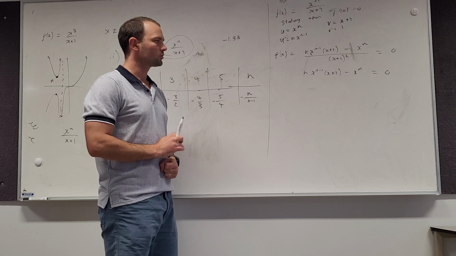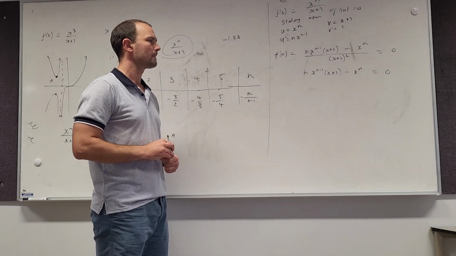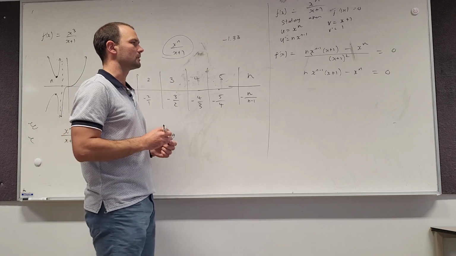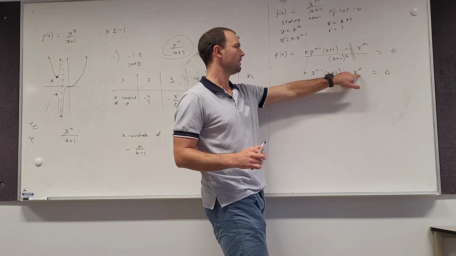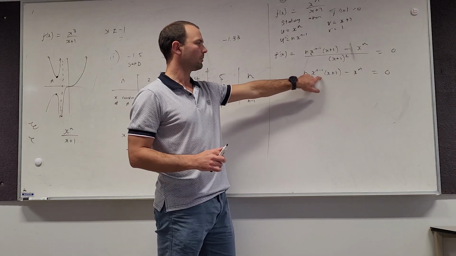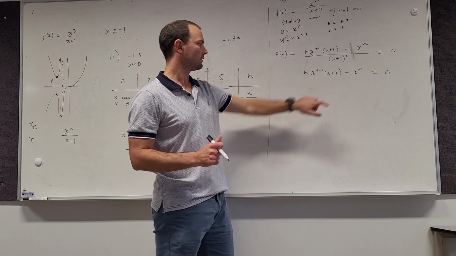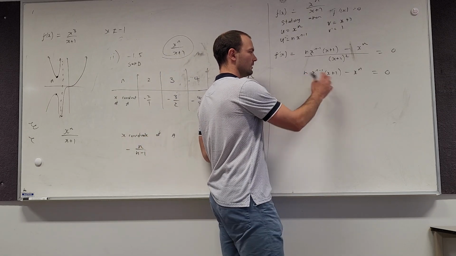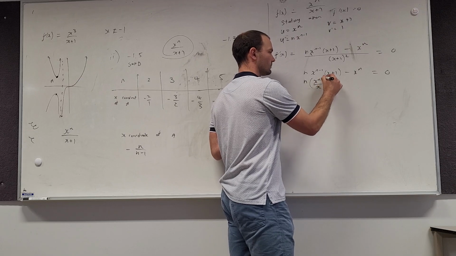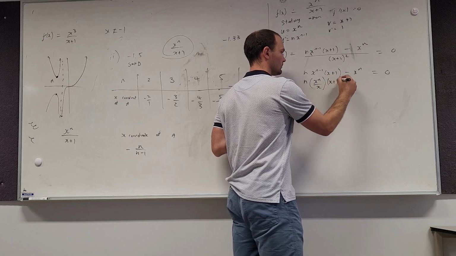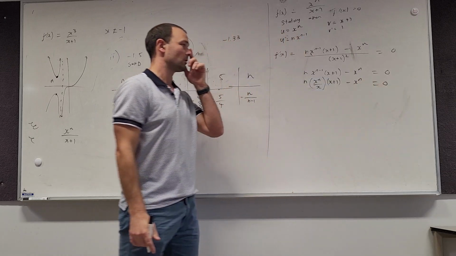I'm looking now, I'm thinking x to the n is common there. And here what we have is, let's express this like this. Yeah, that's going to factorize out nicely now.